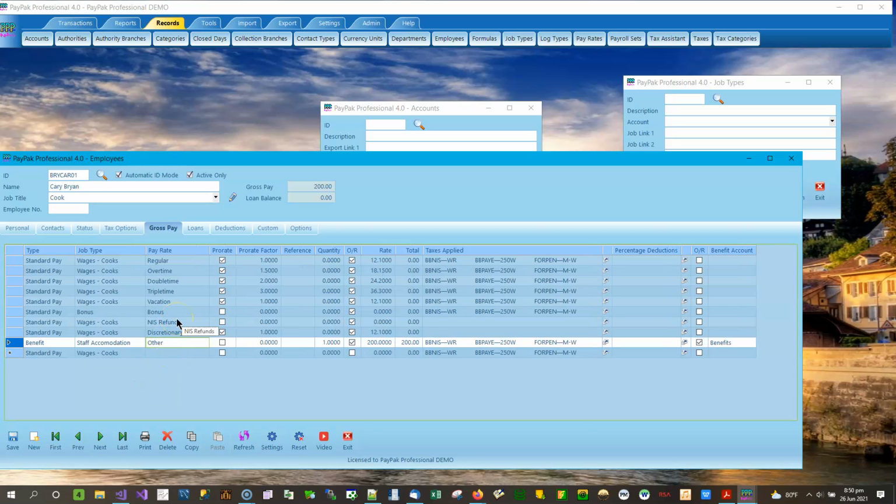So when this is posted, there would be a debit entry showing that the company had an expense of $200 going to staff accommodation, along with the $400 going to the delivery person and the $600 going to the cook.